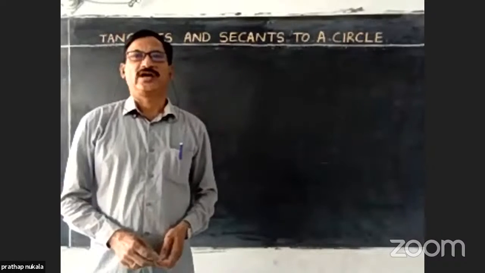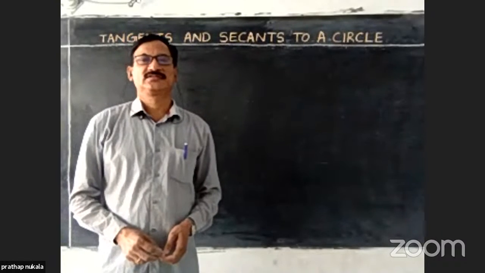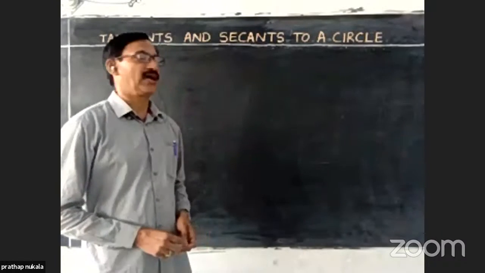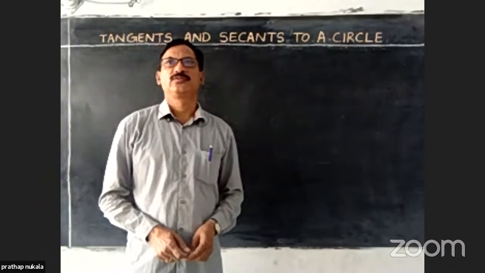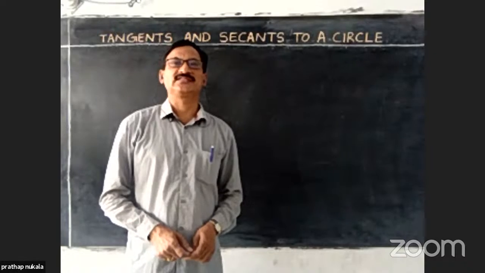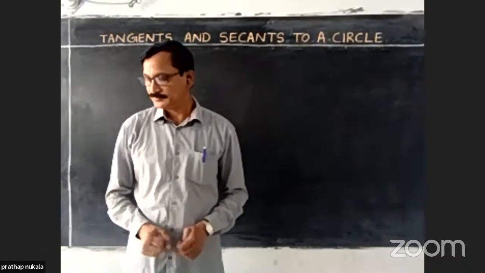Now we are in the last concepts of the topic tangents and secants to a circle. We have to discuss only one exercise, that is 9.3.